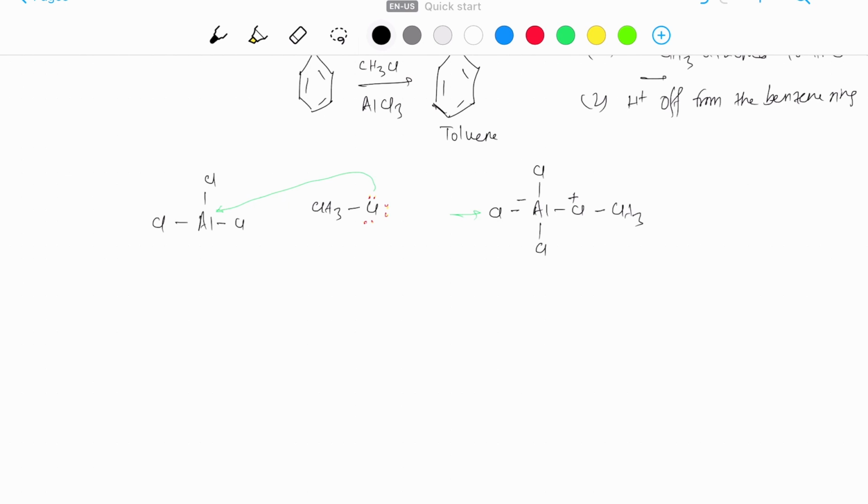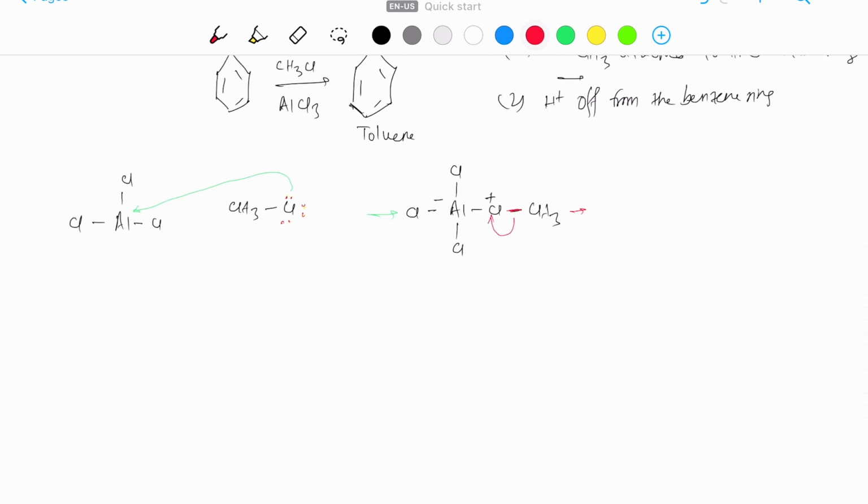Now you can also imagine this particular bond between chlorine and methyl group might break, and the electrons from the bond will be left on this positively charged chlorine atom, and you might think that the next step would be something like this, like we have this chlorine, aluminum, chlorine, chlorine, it has a negative charge on it, and then we have reformed our neutral chlorine, and somewhere in the reaction solution we have this positively charged methyl group, and now this will be our electrophile.